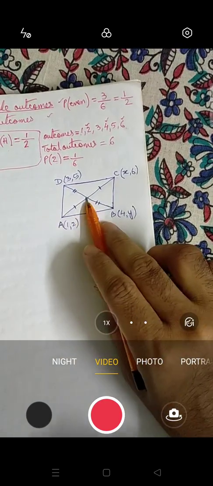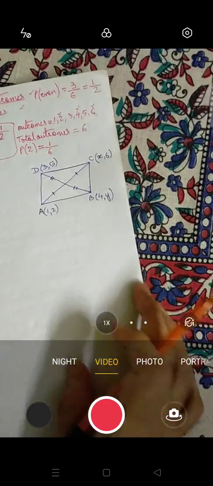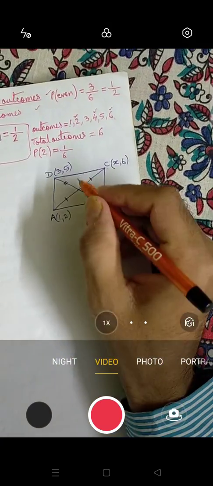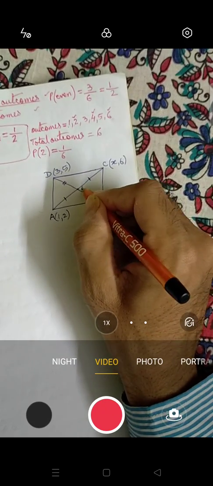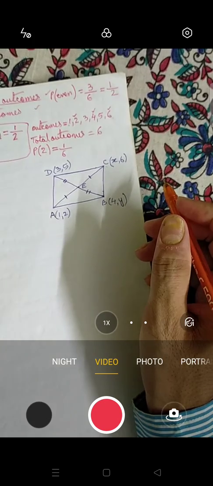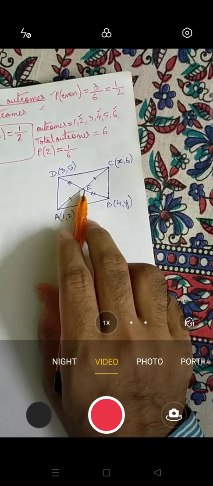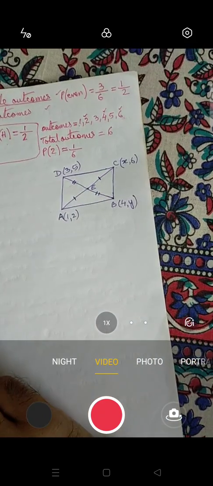That means this equals this equals this. Any problem? Now let us suppose that this is E, or you can take O also, your choice. Okay, I am taking E. Can I say that E is the midpoint of AC?